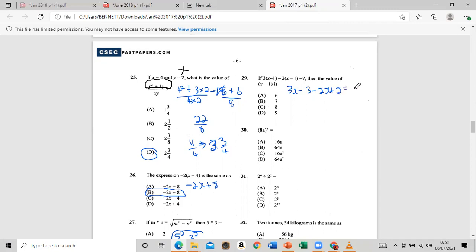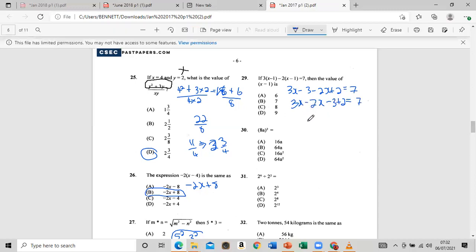So we just solve for x first. So 3x, I group the like terms now. 3x minus 2x. Negative 3 plus 2. I'm just doing it the long way, guys. Exam tomorrow, I don't want nobody unsure about certain things.